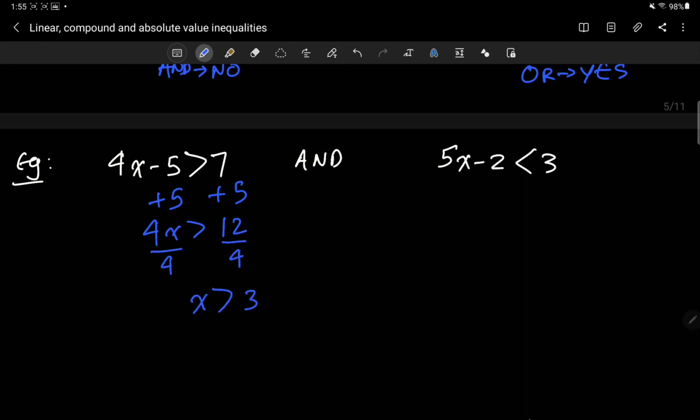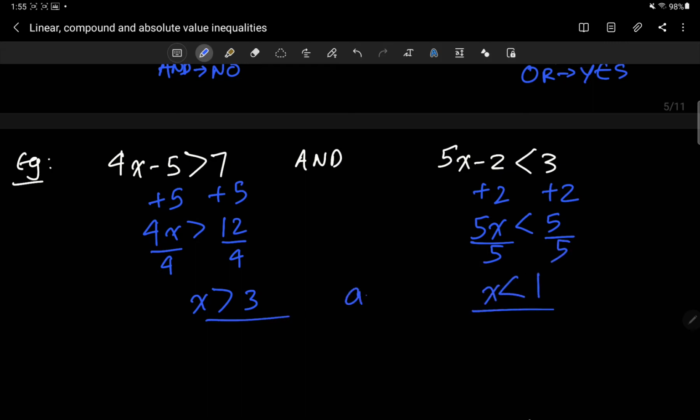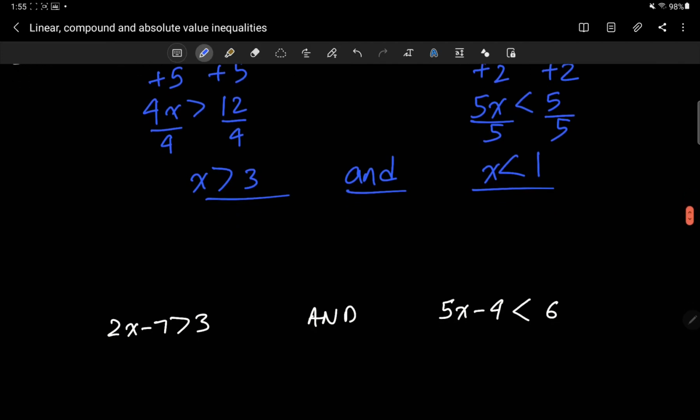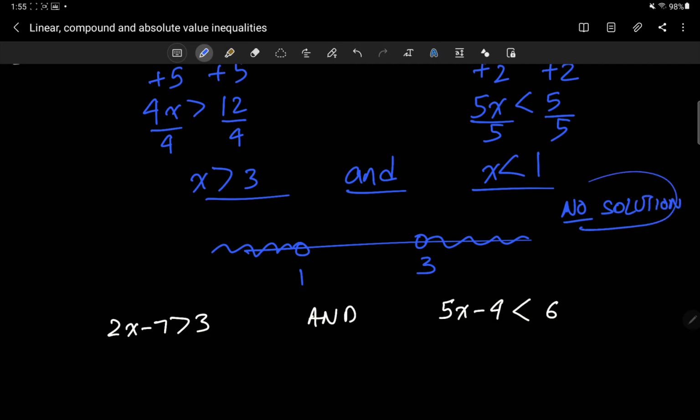So I need x is more than 3 and whatever I get here, which is 5x is less than 5, and x is less than 1. So this has to be connected with an and. So that means x is 3 and greater and 1 and lesser. So there is no solution, and there is no solution because that's not possible.